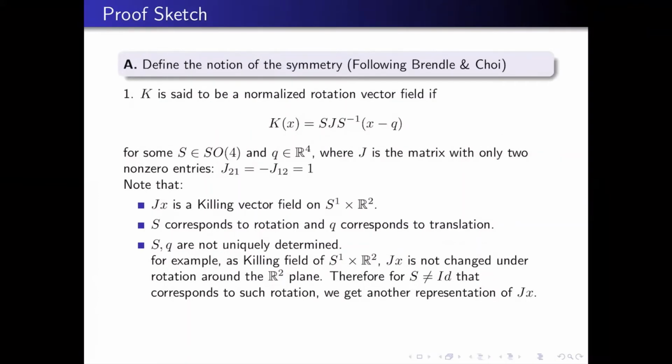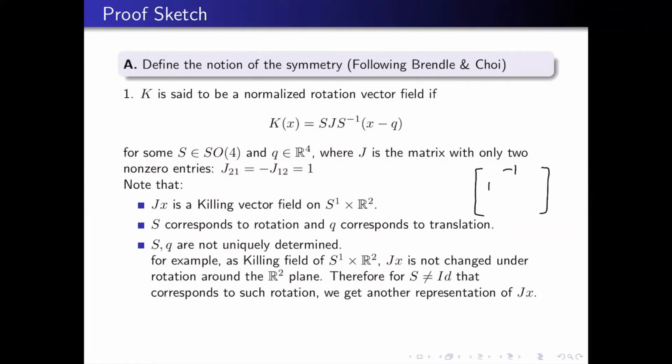First of all, we need to define the notion of the symmetry in a correct way. So this is following the work of Brendle and Choi. This vector field K is a normalized rotational vector field if K could be represented in this form, where S is an SO(4) rotation and Q is a vector in R4, and J is the matrix looking like this.